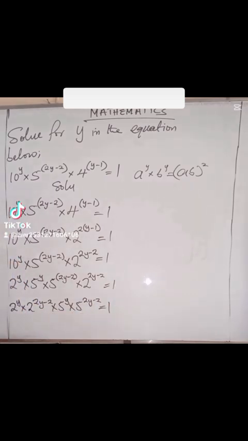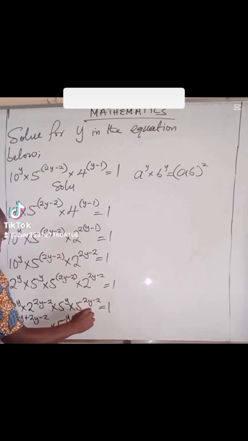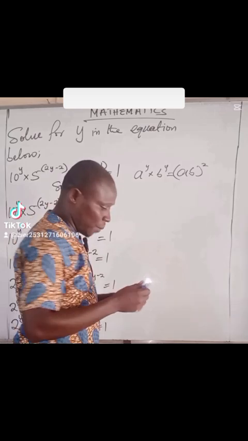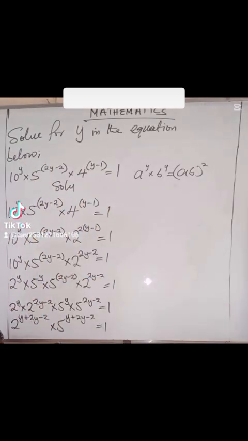Okay, now the bases are the same, but the powers are different. So the bases are the same. We do what? We add the powers according to the laws of indices, so that we're going to have 2^(y + 2y − 2) × 5^(y + 2y − 2) = 1.